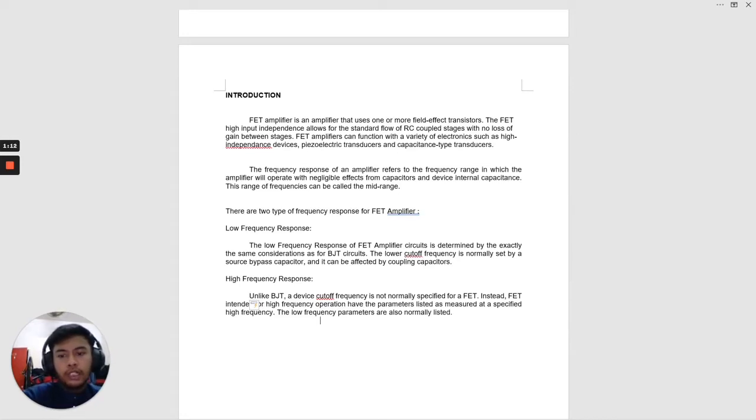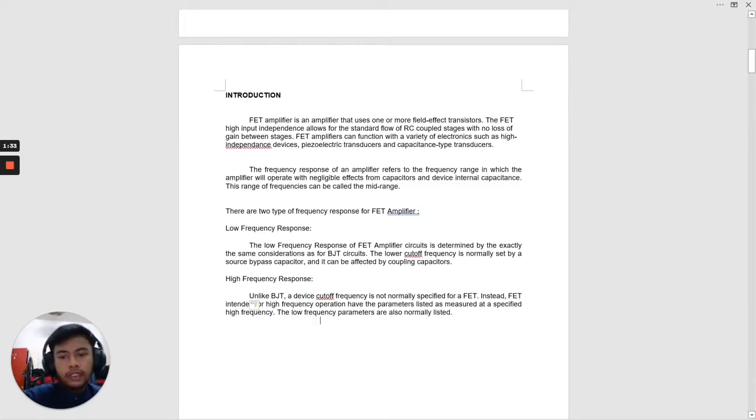For low frequency response, the frequency response of FET amplifier circuits is determined by exactly the same considerations as for BJT circuits. The lower cutoff frequency is normally set by a source bypass capacitor, and it can be affected by the coupling capacitor.